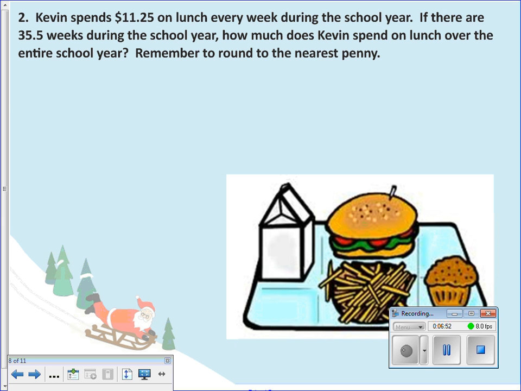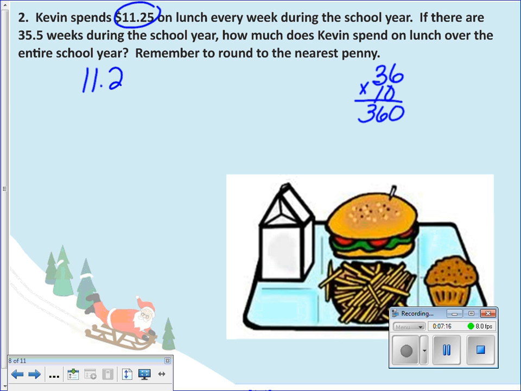Well, let's see. If I rounded this to 36 weeks, and it's about $10 a week, we're looking at about $360. But it's definitely going to cost more than that because I took the price and rounded it down. So our total should be greater.